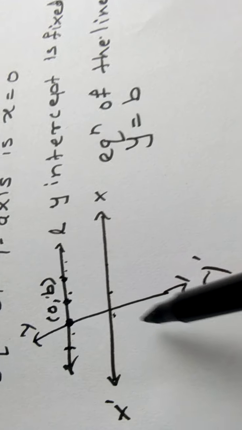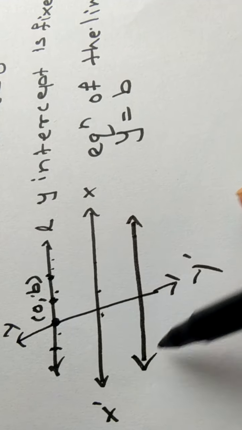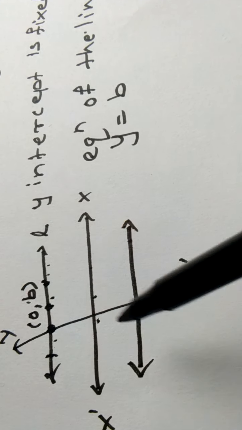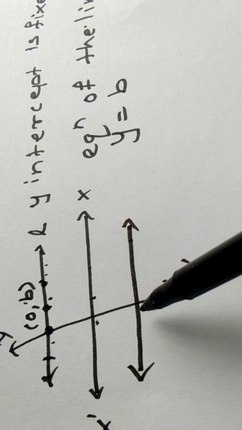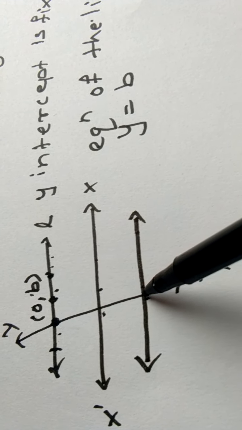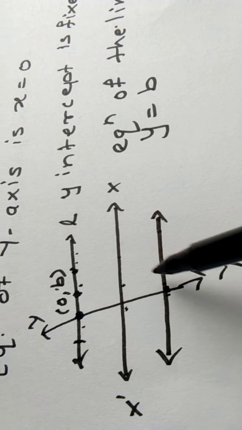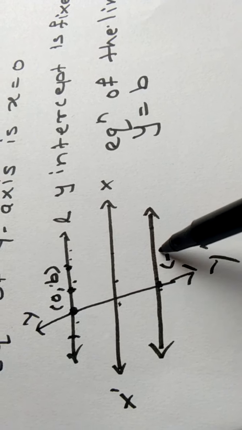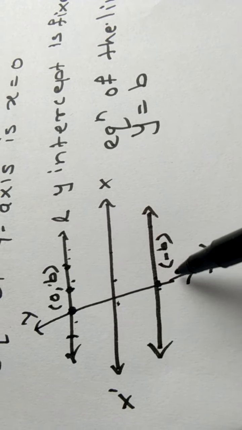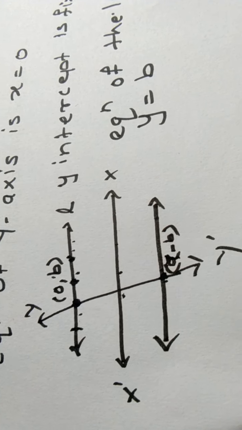Now, if you draw the line below the x-axis, then what is its y-intercept? Its y-intercept will be minus b. And at this point, x-intercept is 0.